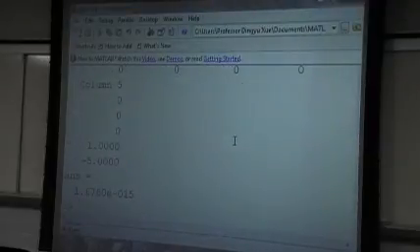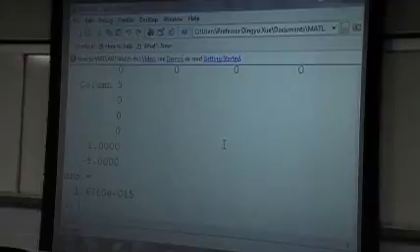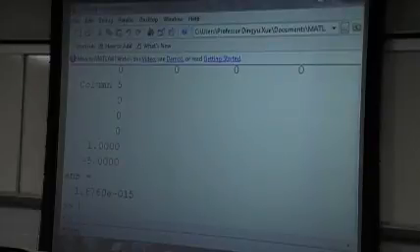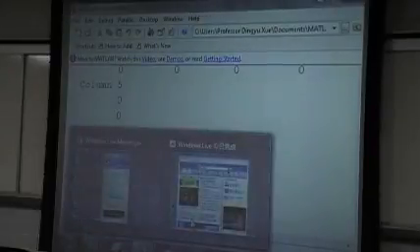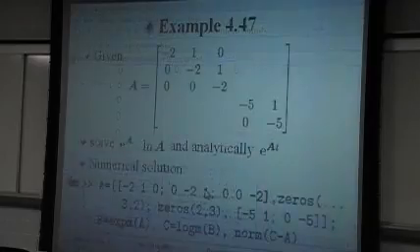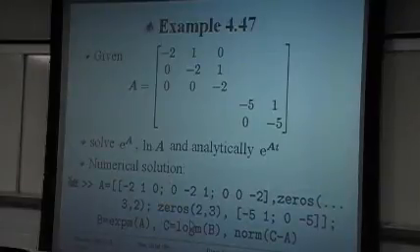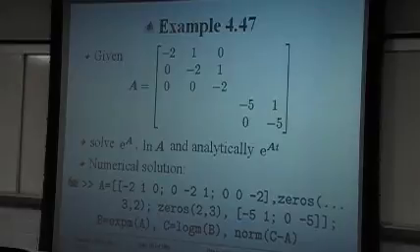The error is 10 to the minus 15. It is a very small number. There is a very small error there. So we say that both of the functions work well. Both expm and logm functions work well.